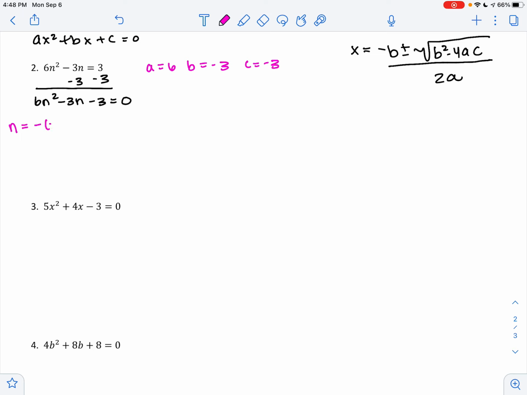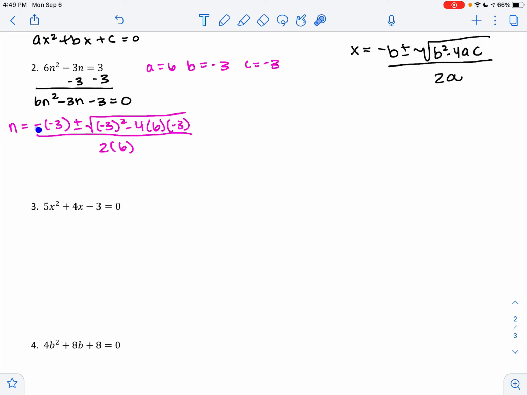negative b plus or minus the square root of b squared minus 4 times a times c all over 2 times a. I'm going to break this up into 3 parts.